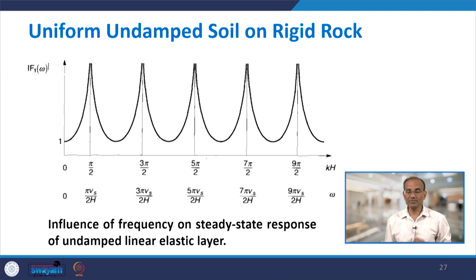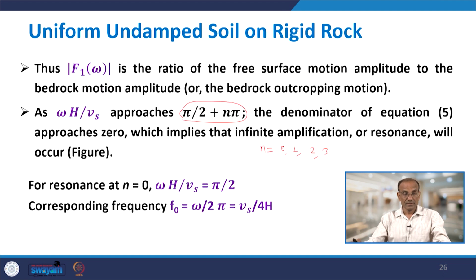So, you have uniform undamped soil on rigid rock. This is the influence of frequency on the steady state response of an undamped linear elastic layer. For resonance at n equal to 0, the first case, omega h over Vs should be pi by 2.